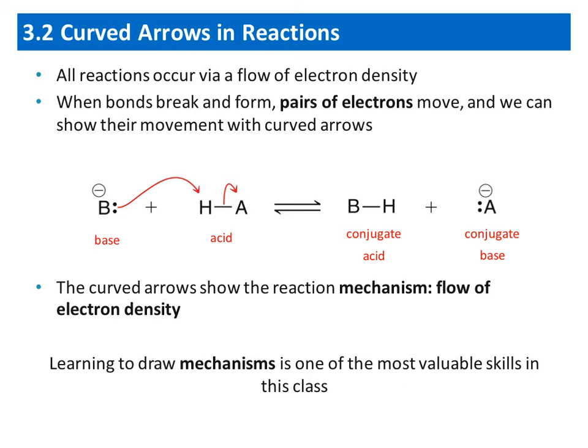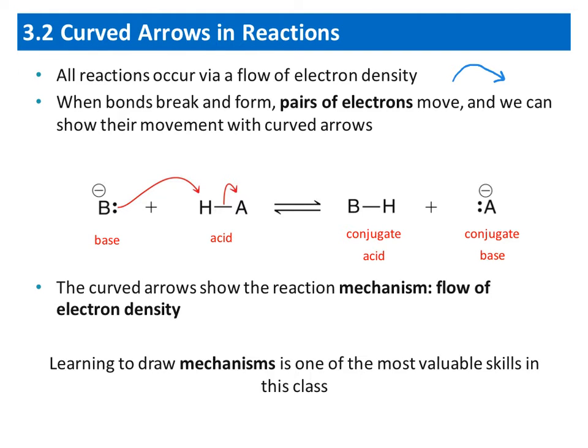Another thing that we need to talk about is reaction mechanisms. Anytime in this course that I talk about mechanisms, I mean electron pushing, or flow of electron density from one place to another in a reaction. And if you remember, to show the movement of electrons, we use a curved arrow. So this is our curved arrow.